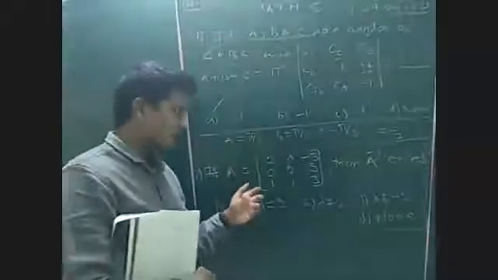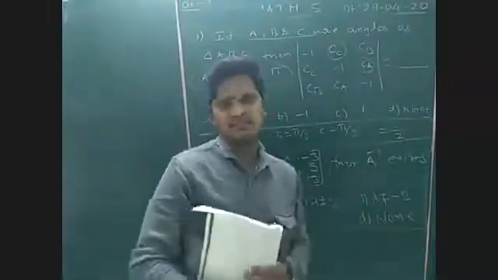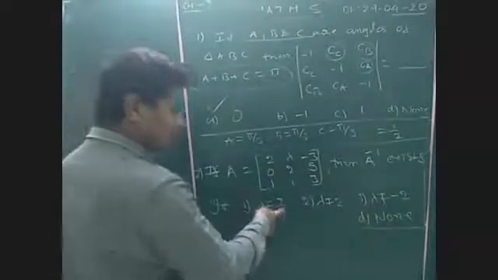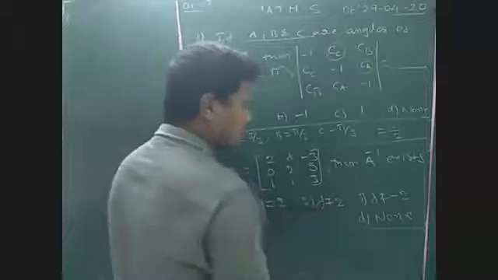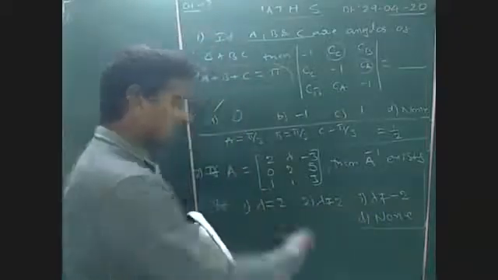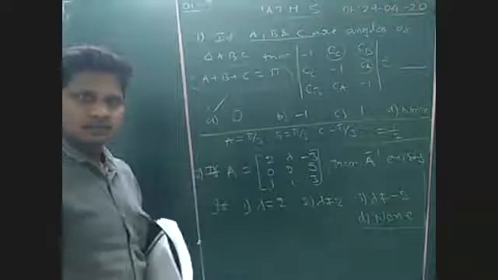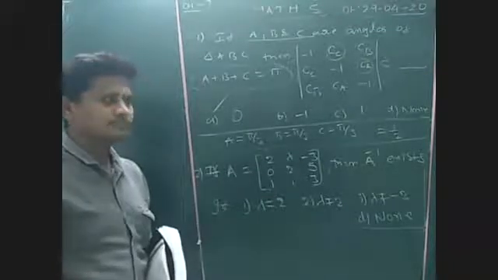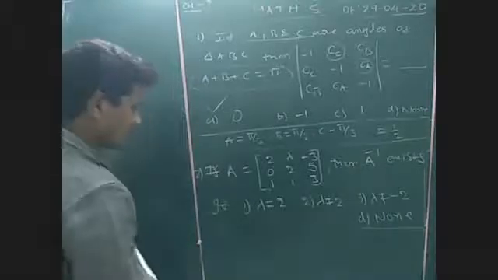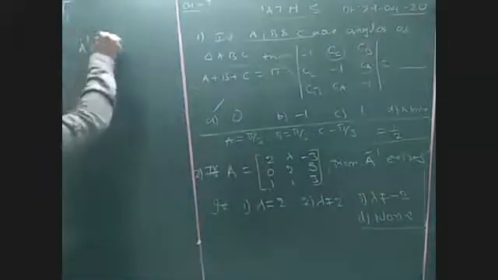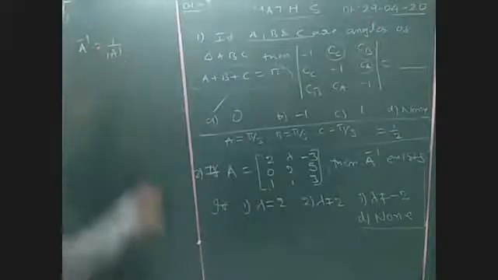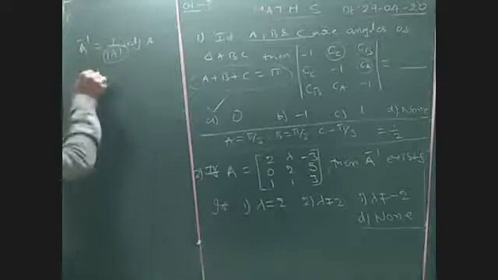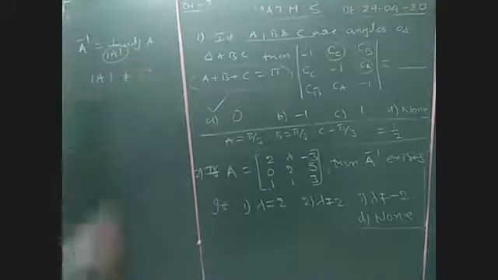Coming to the second one, A inverse exists. What is meant by A inverse exists? When A inverse exists, is lambda equal to 2, or lambda not equal to 2, or lambda not equal to minus 2? Which one of the options is right? For what case does A inverse exist? What is A inverse actually? A inverse is 1 by delta A into adjoint of A. A inverse exists only if the determinant is not equal to 0.